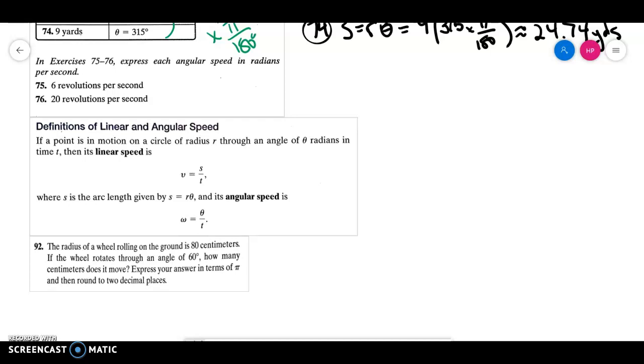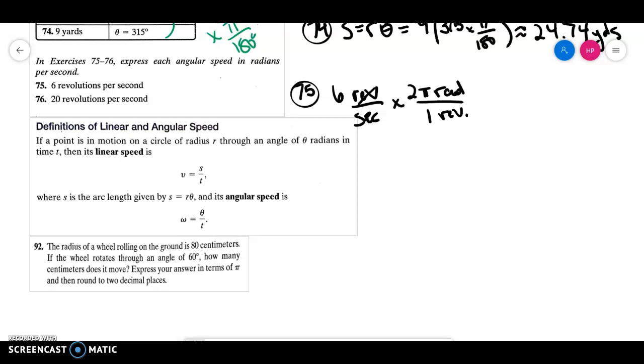Okay, and my one revolution would be 1 full spin. And so I have 2 pi radians in 1 revolution, because again, that's the full circle. So for something like 75, if we have 6 revolutions per second, we have 2 pi radians per 1 revolution.